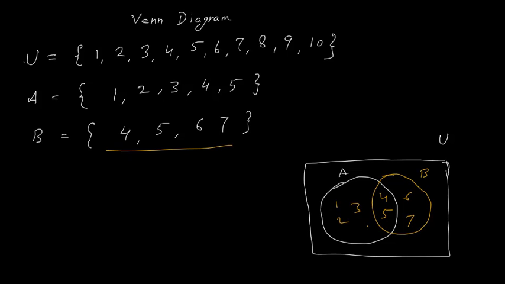Now in universal set, we have 1, 2, 3, 4, 5, 6, 7, and then we also have a few more elements like 8, 9 and 10. So this is how we represent these sets A, B and the universal set using the Venn diagram.